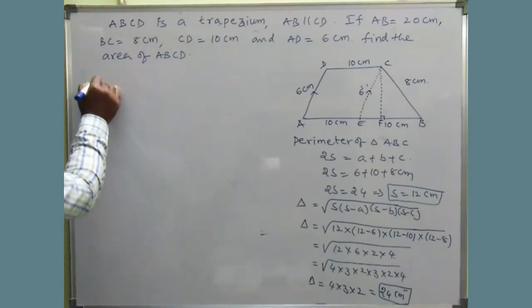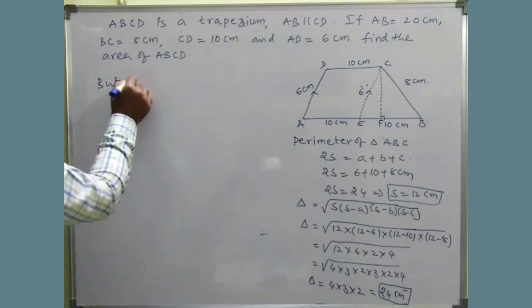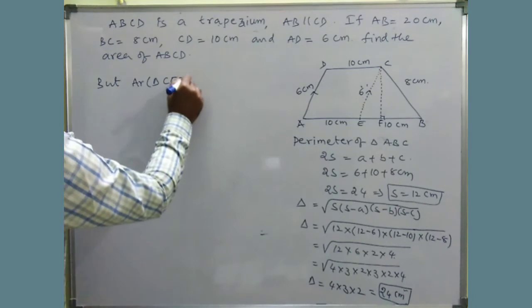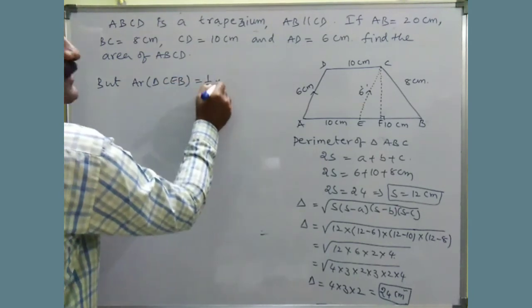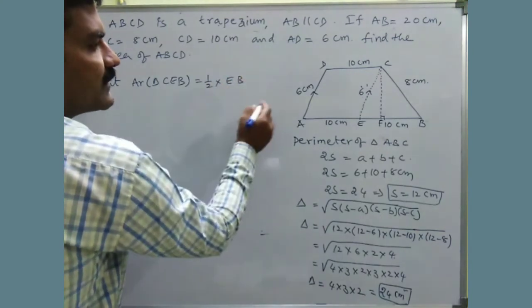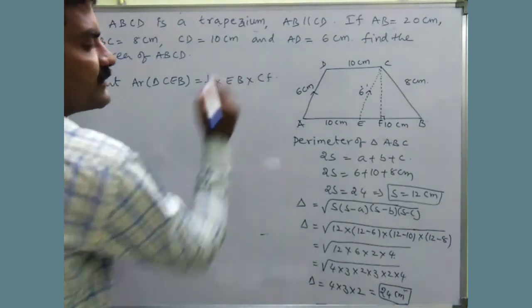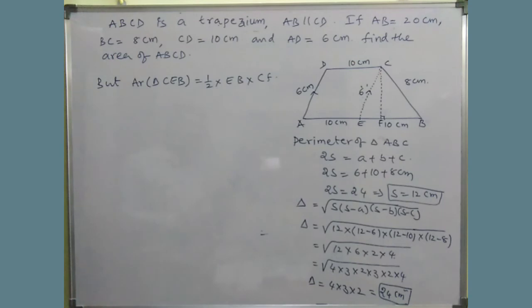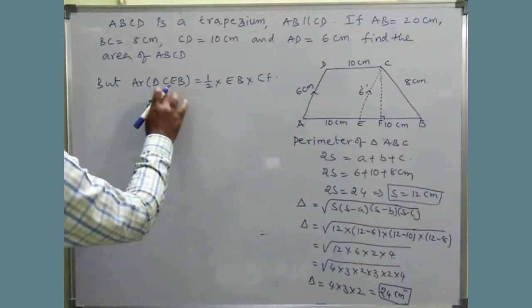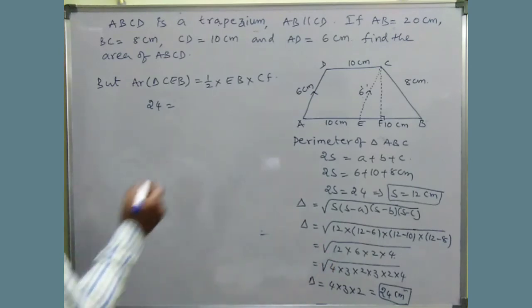But you know, the area of this triangle CEB we can take as half into base EB into height CF. Half into base into height. So just now we got the area of this triangle as 24.